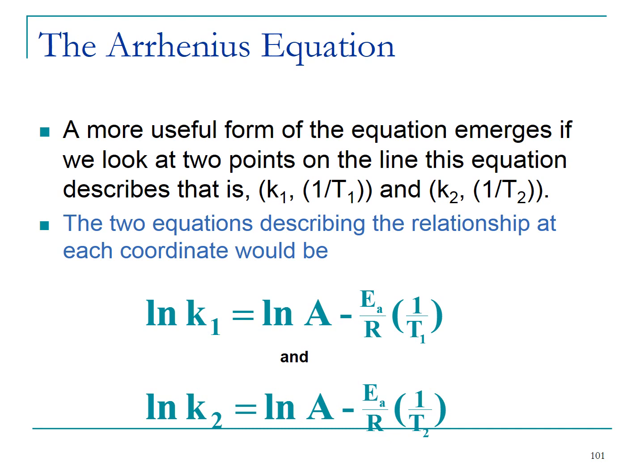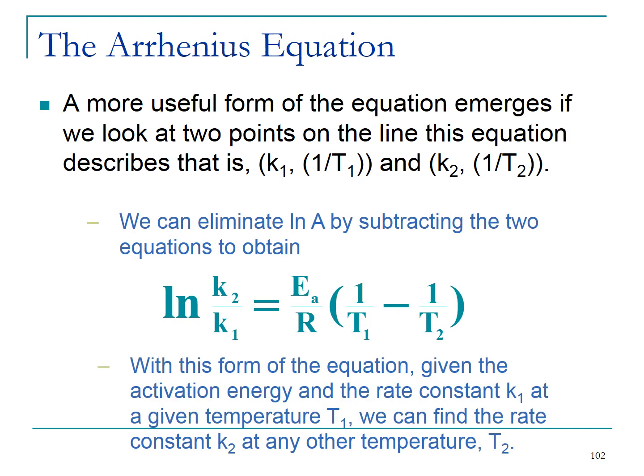And then if we combine these equations together, which is not something you need to do, we're just using the result of it. So if we eliminate A, which maybe would be hard to find, we can come up with this equation: the natural log of the ratio of K2 to K1 equals Ea over R, times 1 over T1 minus 1 over T2.